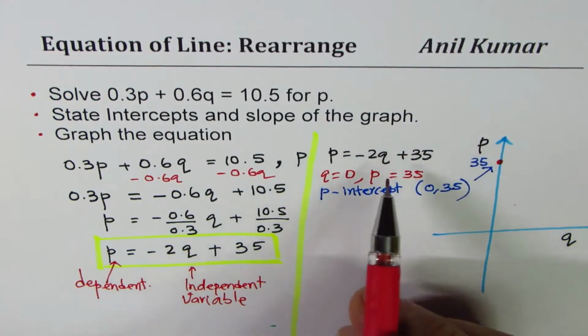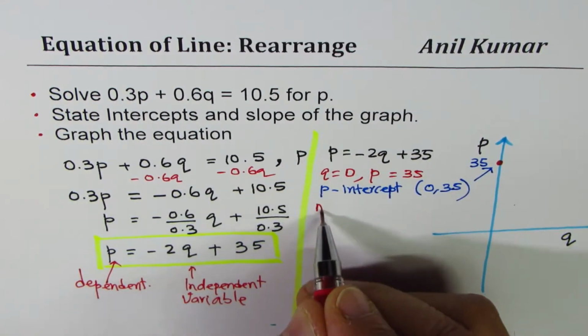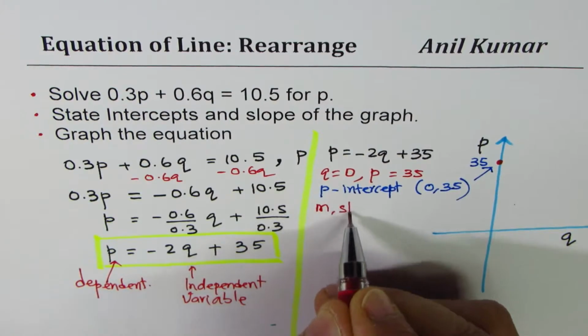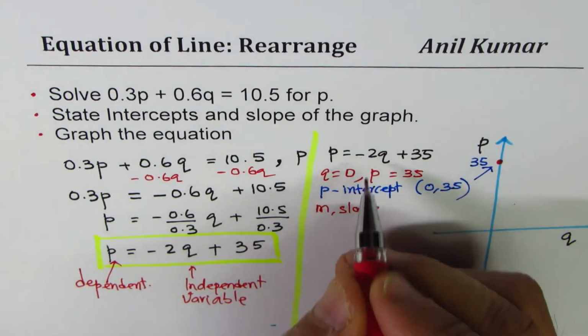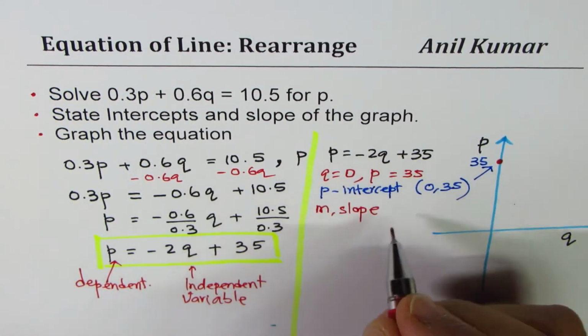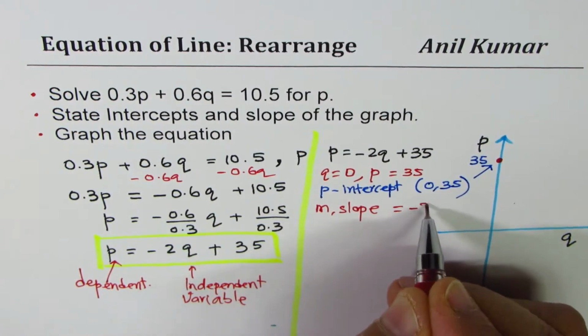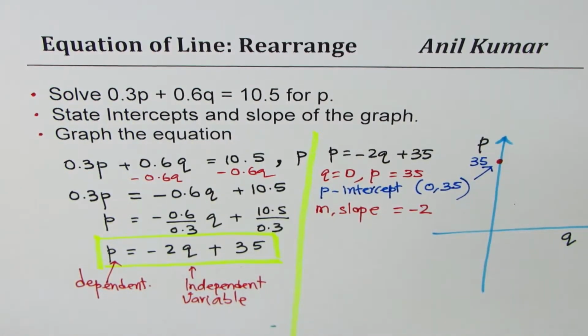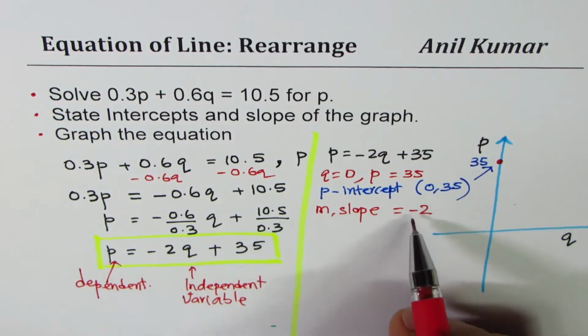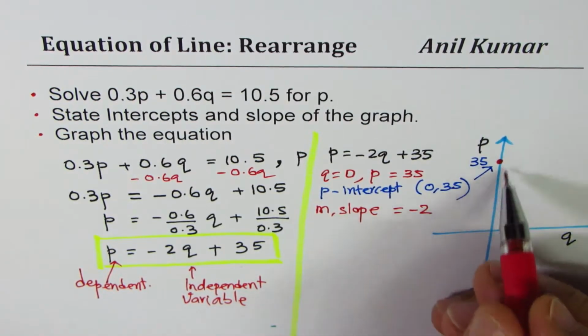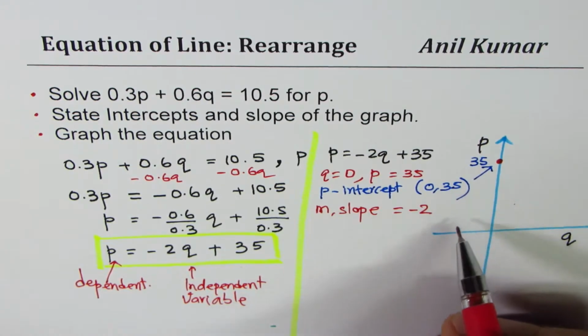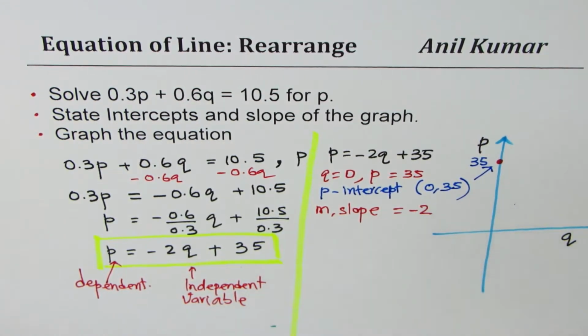Before getting there, we can find the slope also from here. So m, the slope, is basically the coefficient of q, so that equals minus 2. That means the line is going downwards. Negative slope is downwards at the rate of 2. Rise over run is negative 2 over 1.